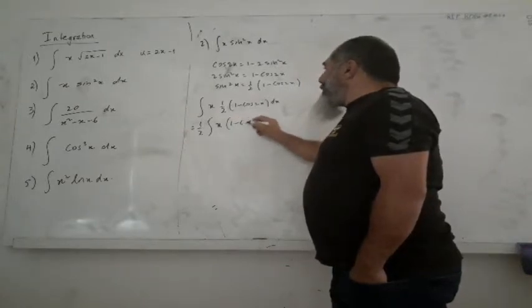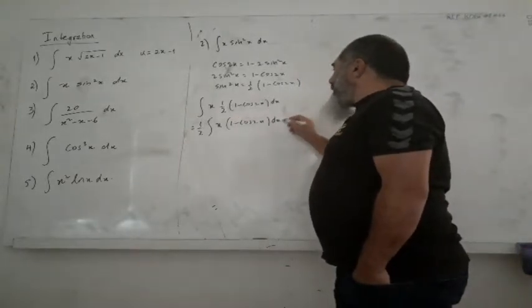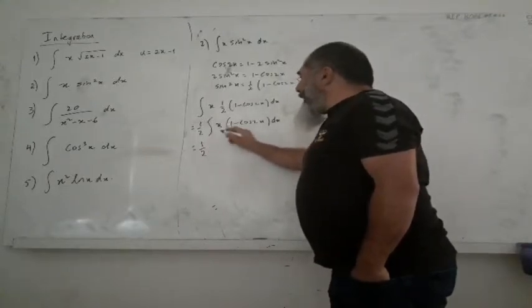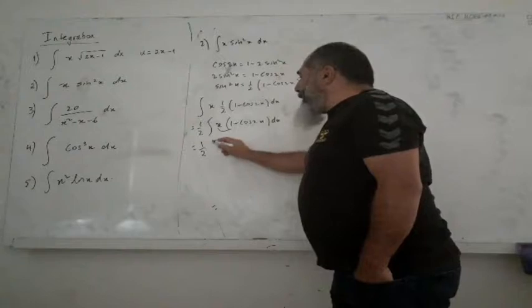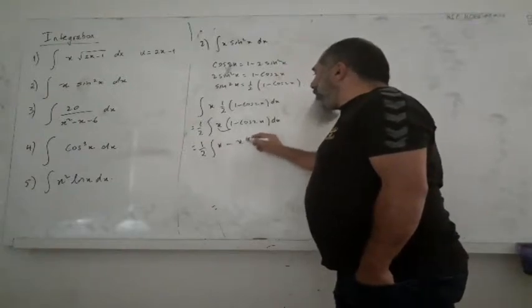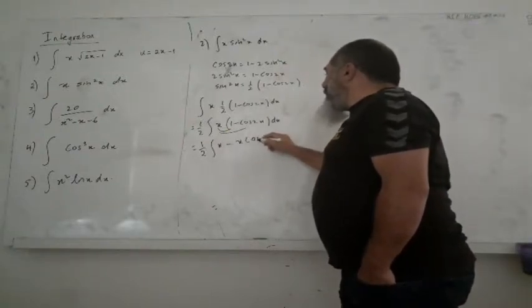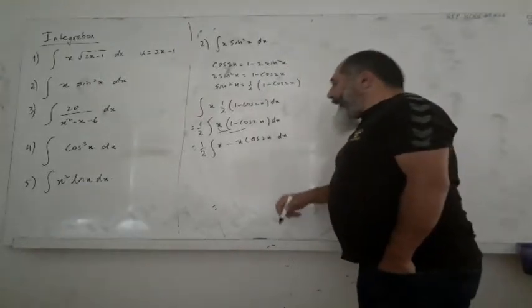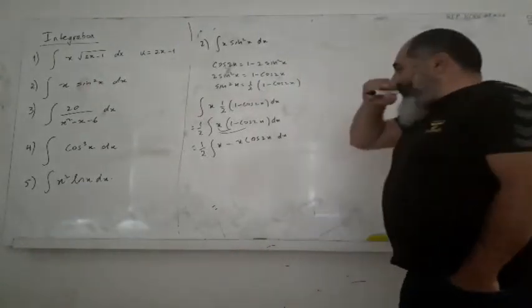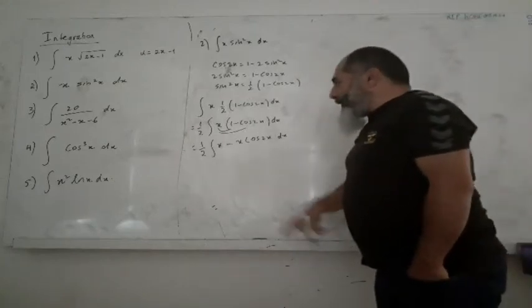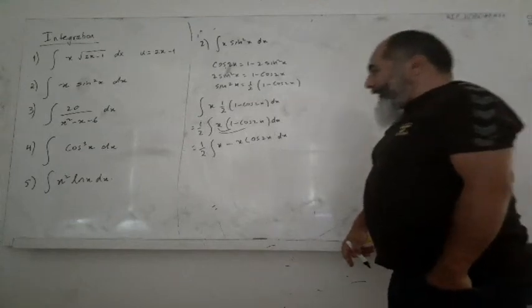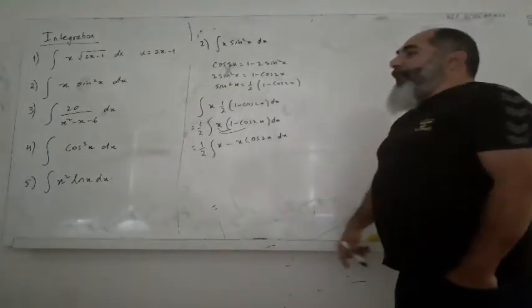So here 1 over 2, let's expand that one. X minus x cosine 2x dx is the integration. Here we have two different types of integrations. We have only an x there, which is the simplest form of integration, and I'm going to separate that expression to be able to use integration by parts.